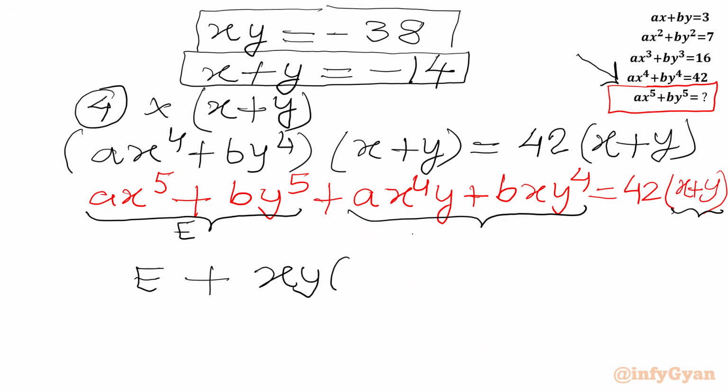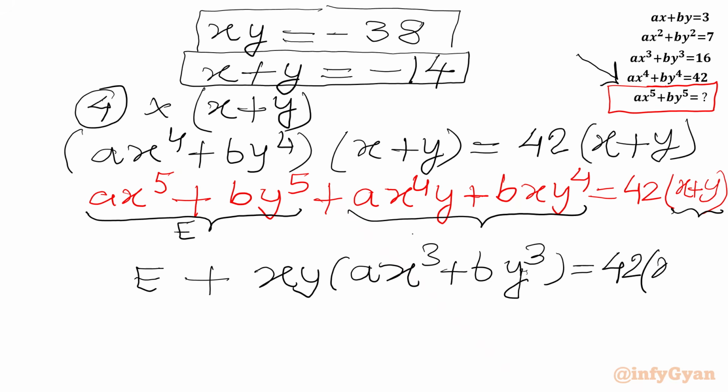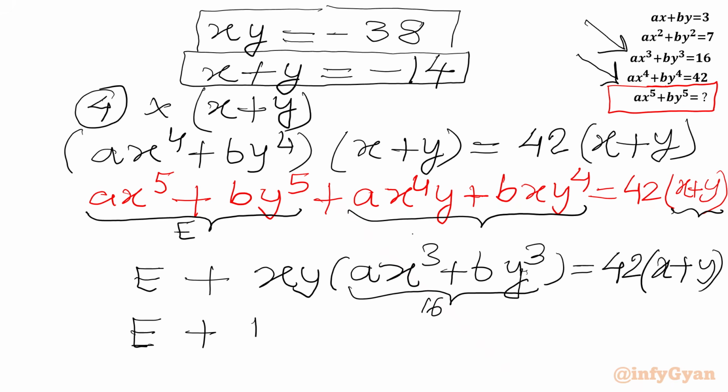So in the bracket there will be ax^3 + by^3, which is our equation number 3, value is 16. In the RHS we will write 42 times x plus y. Now we have to write E plus 16xy equal to 42 times x plus y.